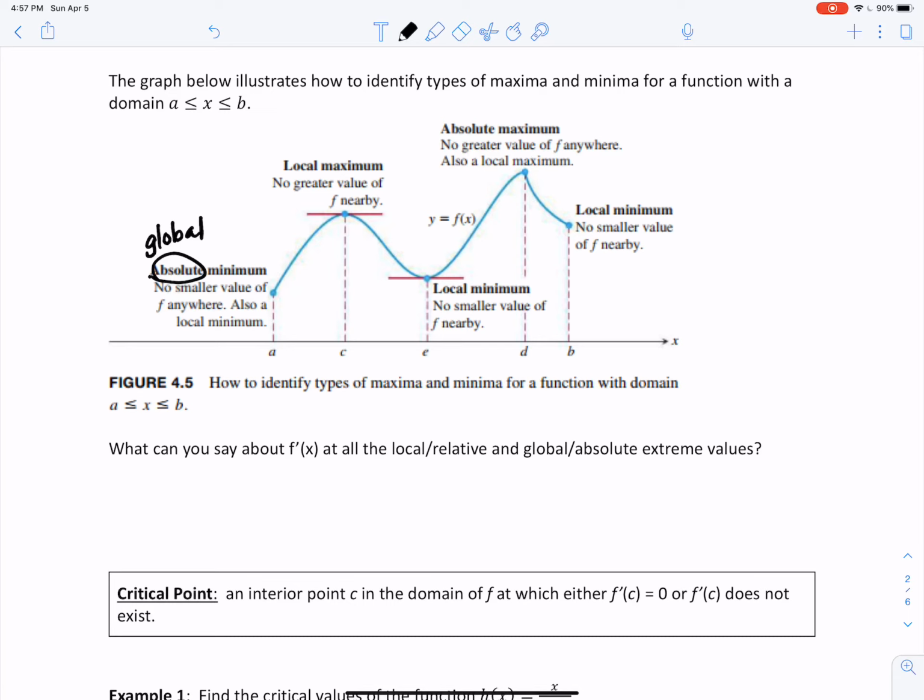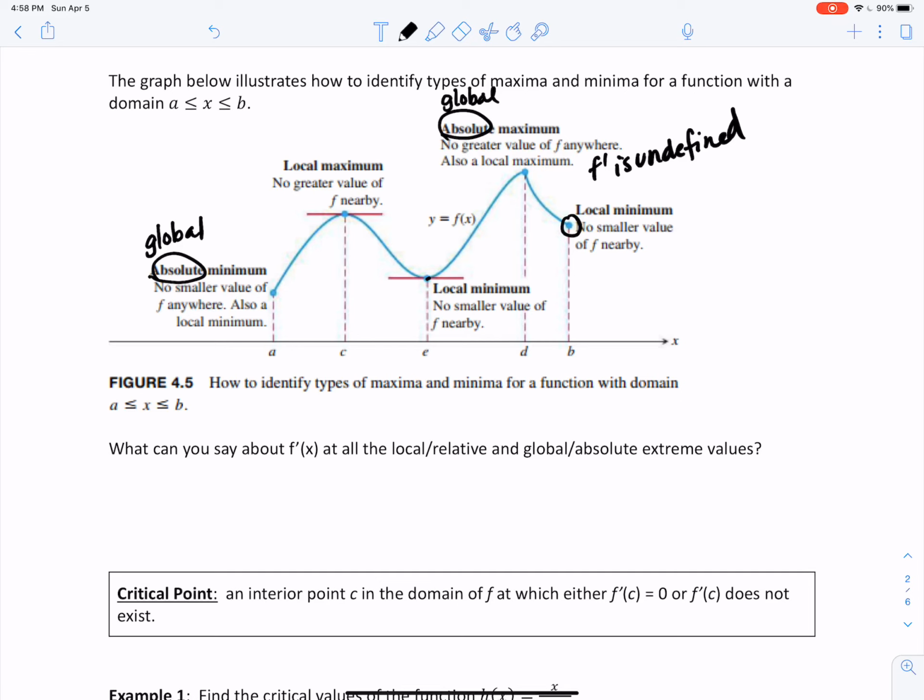There's a local maximum when x equals c, a local minimum when x equals e, and an absolute maximum or global maximum where x equals d. And notice that at this point, the derivative f prime is undefined when x equals d. And finally, there's another local minimum where x equals b. So at this point here.